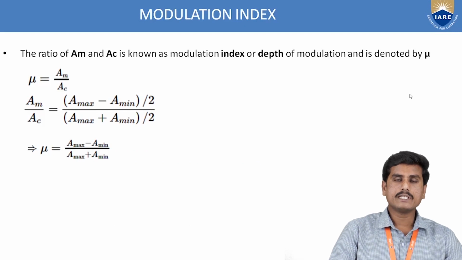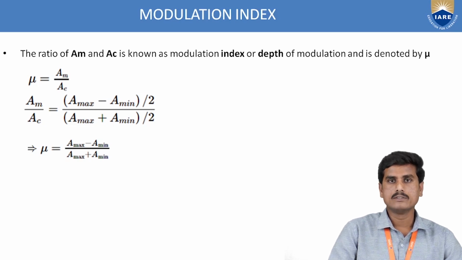Now based upon the amplitude variations, we have some different types of modulations. The variation of the amplitude can be calculated by the modulation index. Here the modulation index is the ratio of the message signal amplitude Am to the carrier signal amplitude Ac. Here mu is equal to Am by Ac, where mu is the modulation index or percentage modulation.